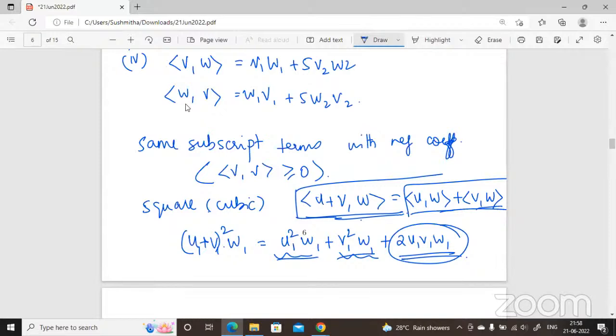And then what about the modulus? When you have mod of u1 plus u2, this is not equal to mod u1 plus mod u2. So I will not be able to connect these two, right? This is not always true.